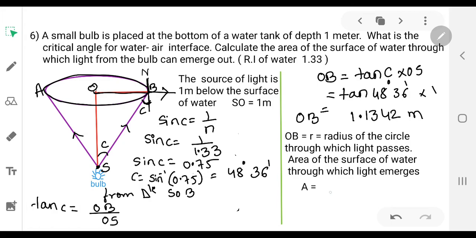A is equal to pi R square. So 3.142 into 1.1342 the square. So the final answer, the area, will be 4.04 meter square.